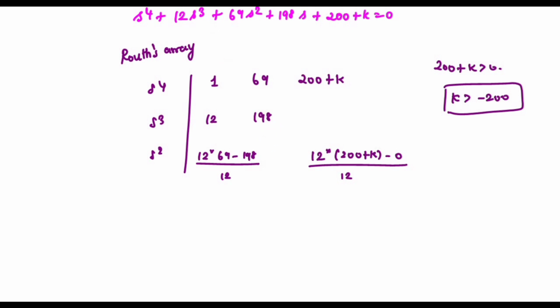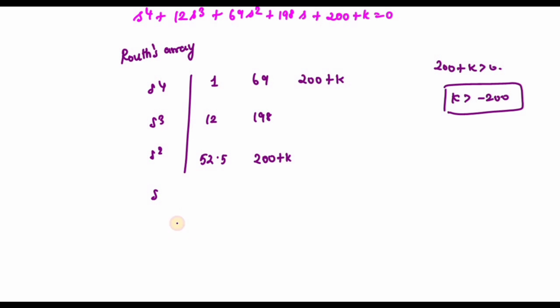On solving, you will get 52.5, and the next is 200 plus K. Now again, multiply 52.5 with 198 minus 12 into 200 plus K, divided by 52.5. You will get 7995 minus 12K divided by 52.5, and the next value is 0.